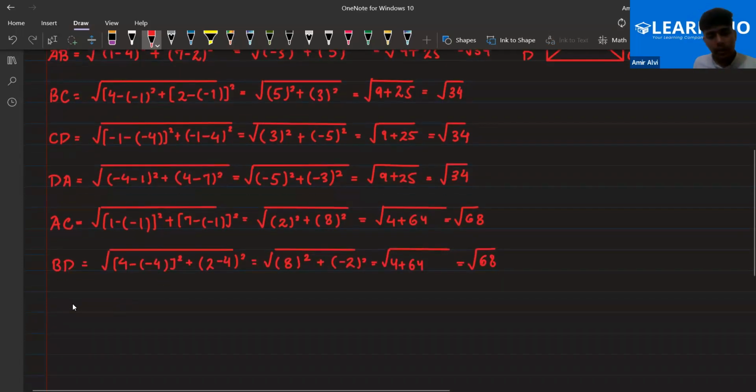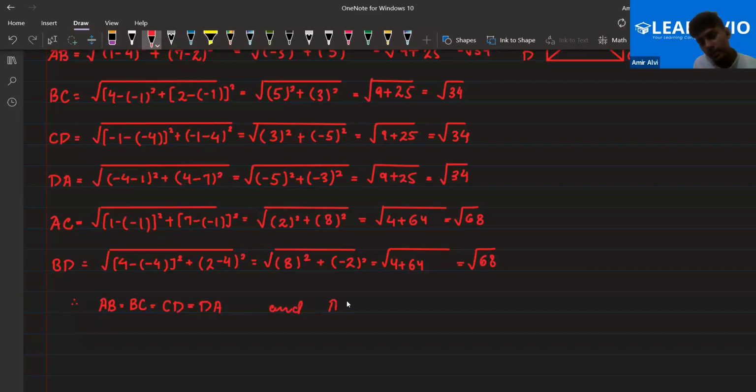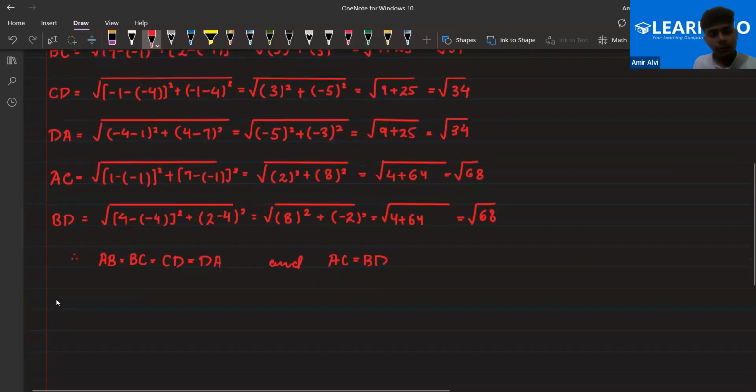So as you can see this thing, Gianna, that AB is equals to BC is equals to CD is equals to DA, and AC is equals to BD. So this is nothing but property of a square, right? So hence ABCD is a square.